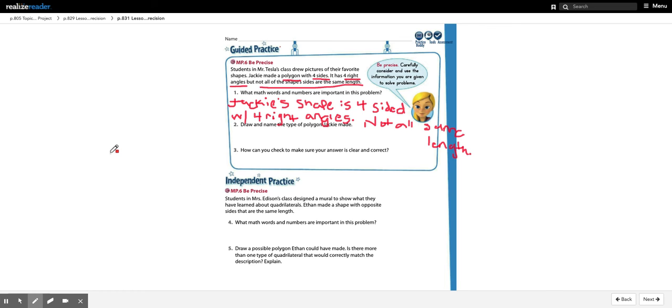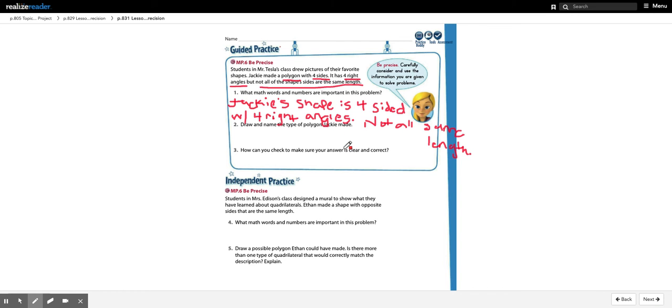Okay, let's take a look at number 2. Number 2 says, draw and name the type of polygon Jackie made. So let's go back and look. It has 4 sides, 4 right angles, but not all the shape sides are the same length.